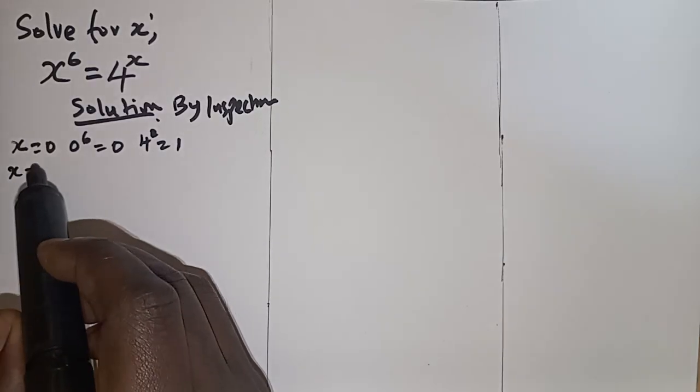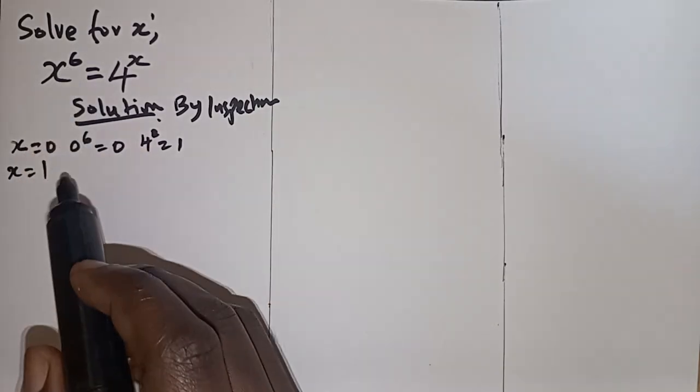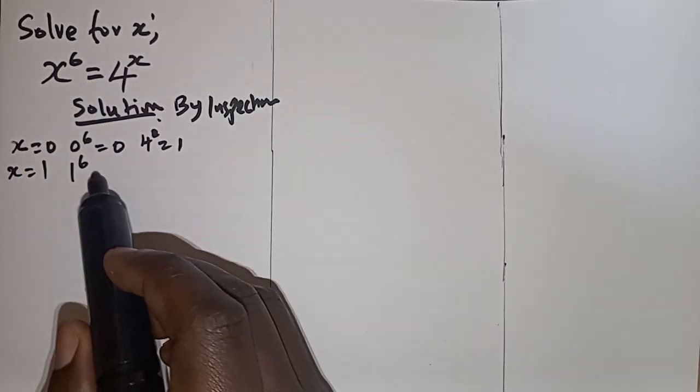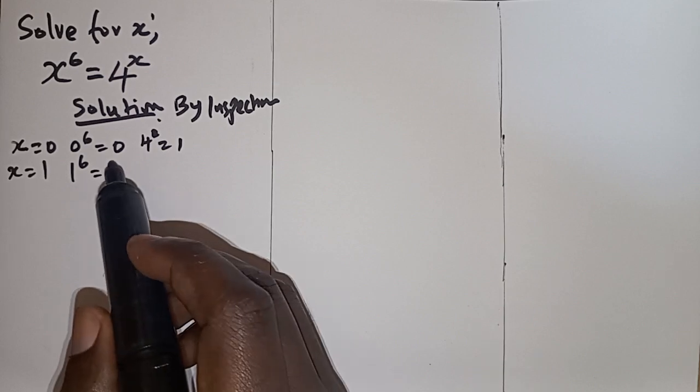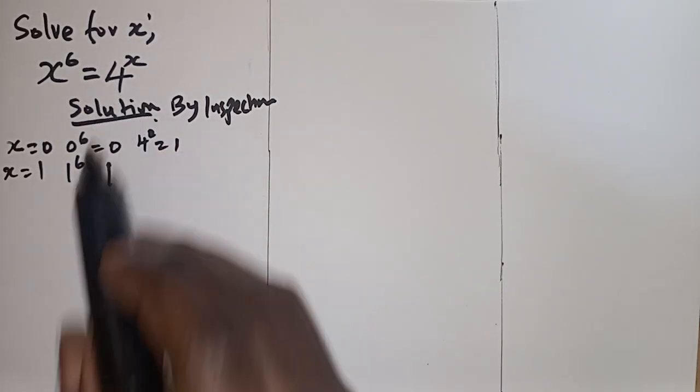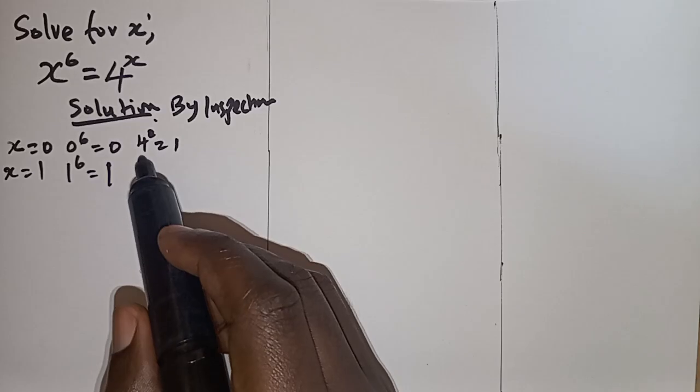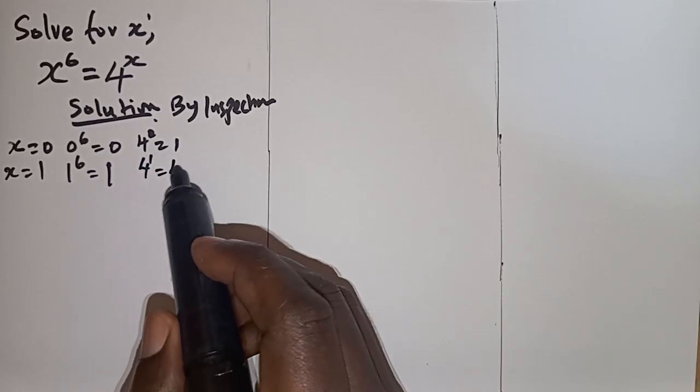When x is equal to 1, I'll have 1 raised to power 6, which of course is 1, and on the other side, 4 raised to power 1, we end up with 4.